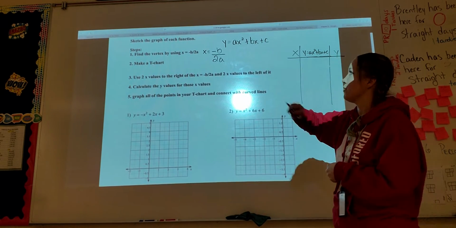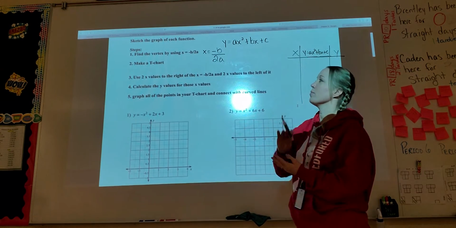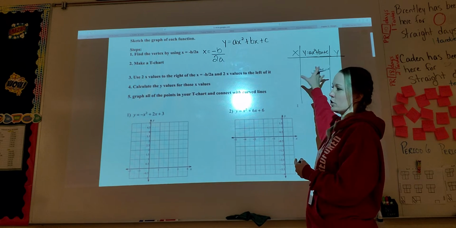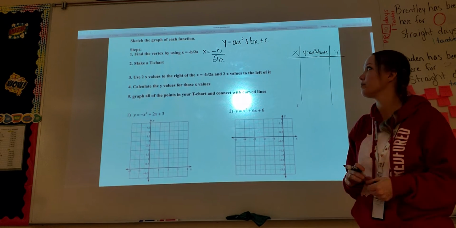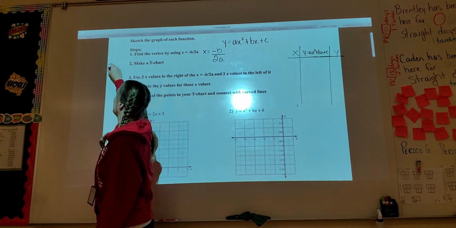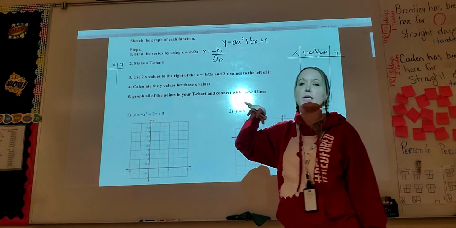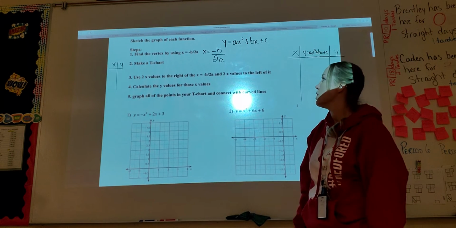So it says to find the vertex by using x is equal to negative b over 2a. Then you make a t-chart or a function table, however you're most comfortable. A t-chart is just where you have your x and y, and you go and do the work to find out what your y is somewhere else.